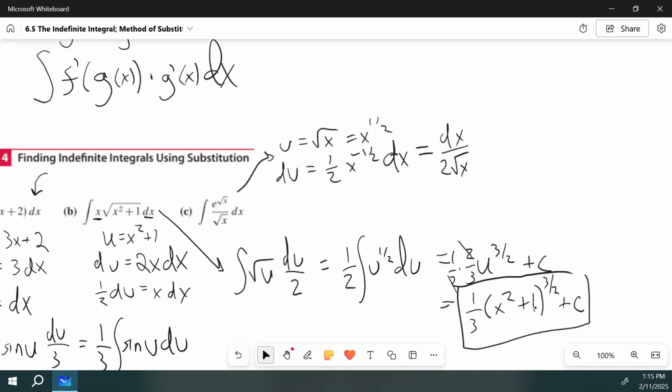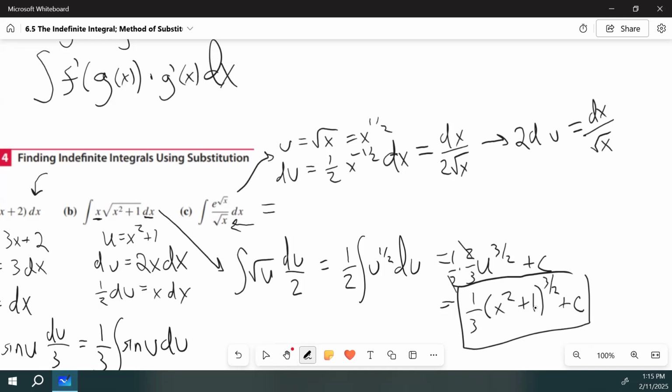Now, we do have a square root of x in the denominator here, but we don't have that 2. So this implies that 2 du is equal to dx over square root x.